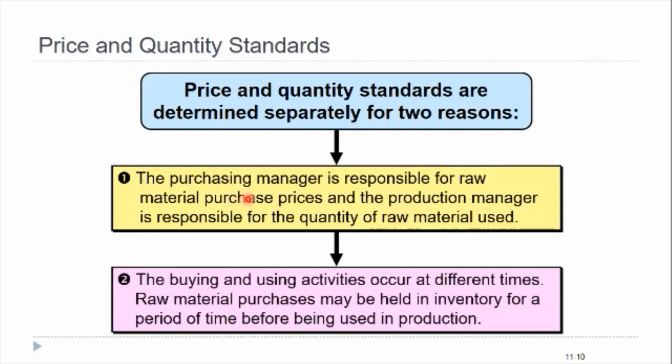So you have to have someone down here in the factory who knows about the production, whereas someone in the office will see about the actual purchasing and ordering. The buying and using activities occur at different times. Raw material purchases may be held in inventory for a period of time before being used in production. Okay, so two reasons why different people do it.